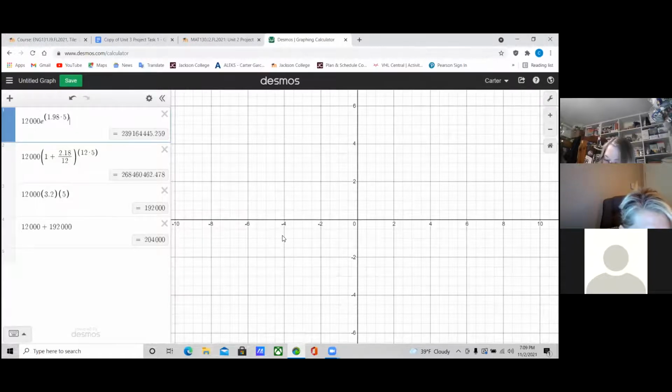Let's see. Oh, you know why? Because our interest rate has to be in decimal form. On that top one, you have 1.98. That's in percent form, right? So what do we have to do? Okay, so that's that issue. And it would be a similar issue on the second one with your interest rate of 2.18, and the 3.2 also, with your simple interest as well.